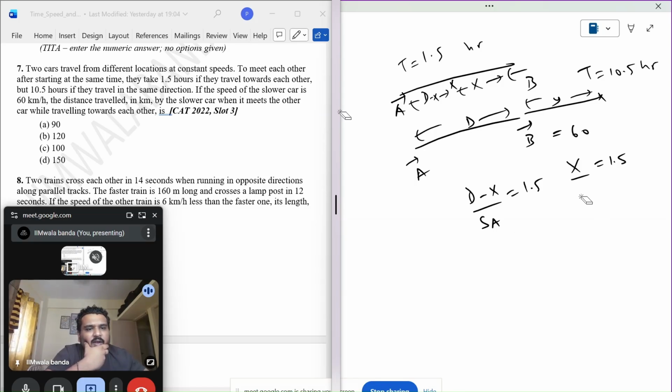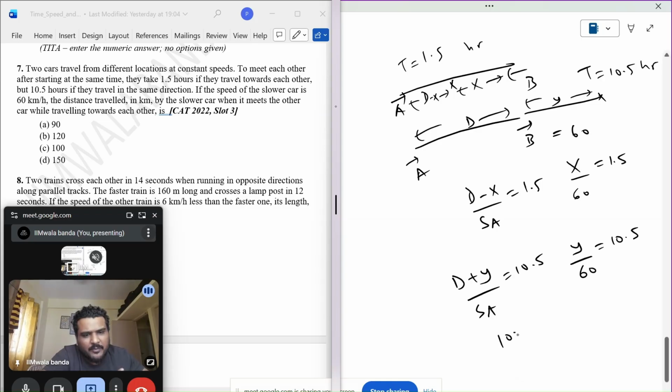And I need to find basically X. So I should not involve Y because it's not required. Okay, let's do it. D plus Y is what A is traveling with its speed of SA in 10.5 hours, and Y is the distance that B is covering with its speed of 60 in 10.5 hours. So let's just eliminate Y because we don't need it. So 10.5 into SA is D plus Y, and Y is 10.5 into 60, and if I eliminate Y, D will be 10.5 into SA minus 60.